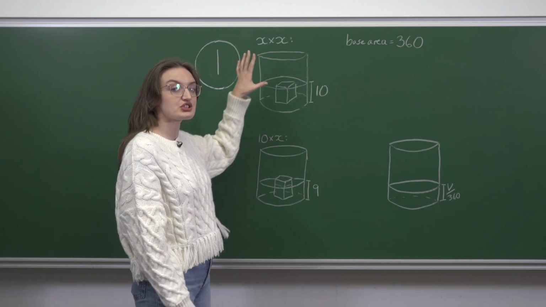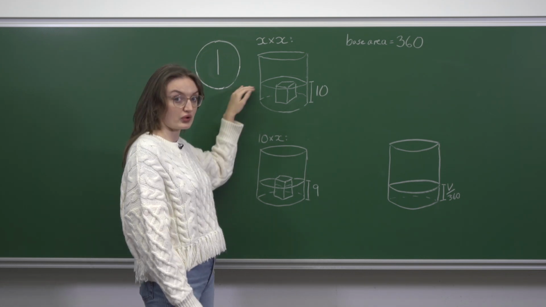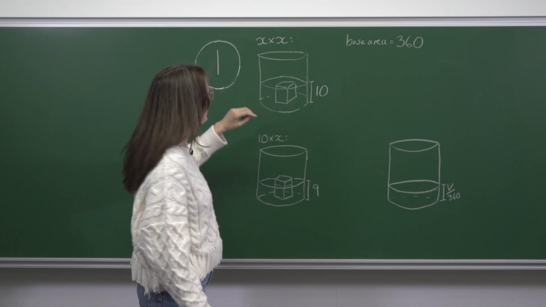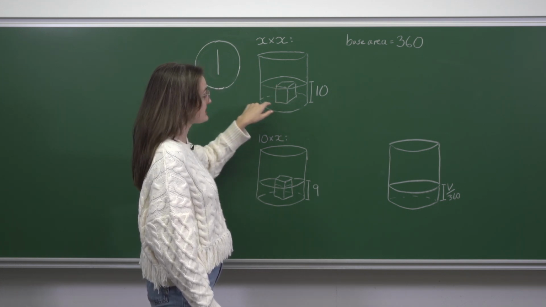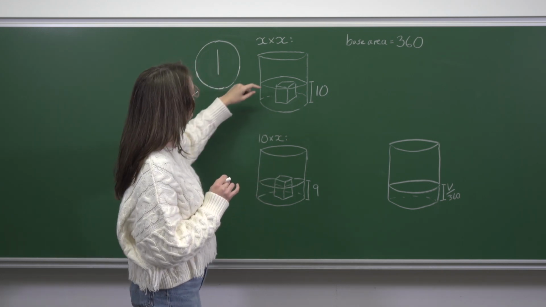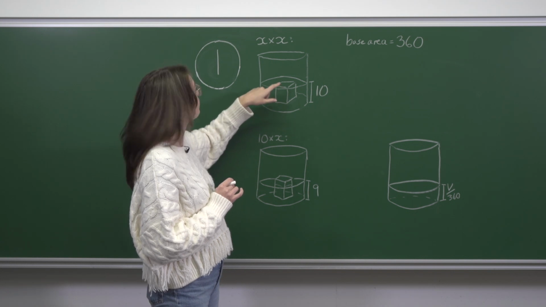Let's consider what this first diagram tells us about the volume of water in the tank. We know the depth of the water, and we know the base area of the tank. However, the cuboid sitting in the tank reduces the base area of the tank which is available for water to sit on. So how much is it reducing the base area by?